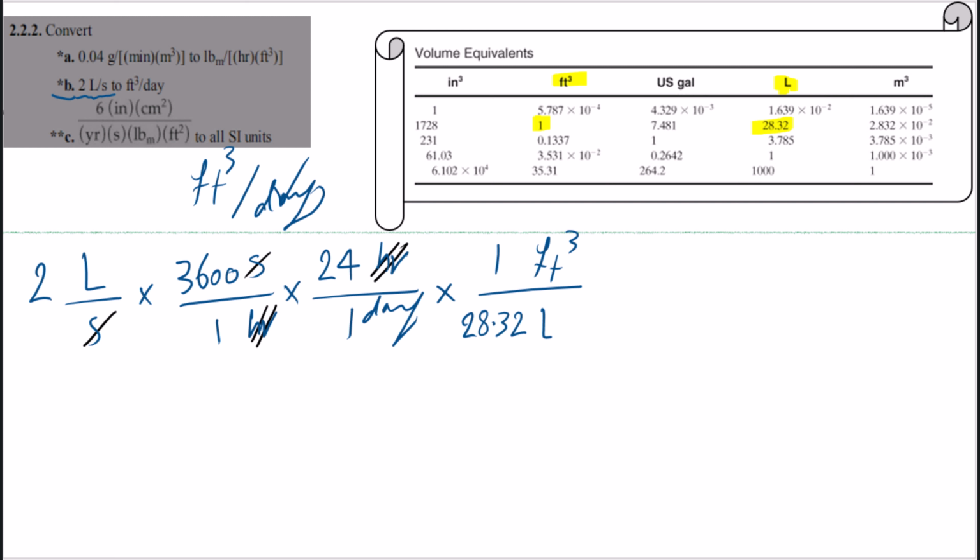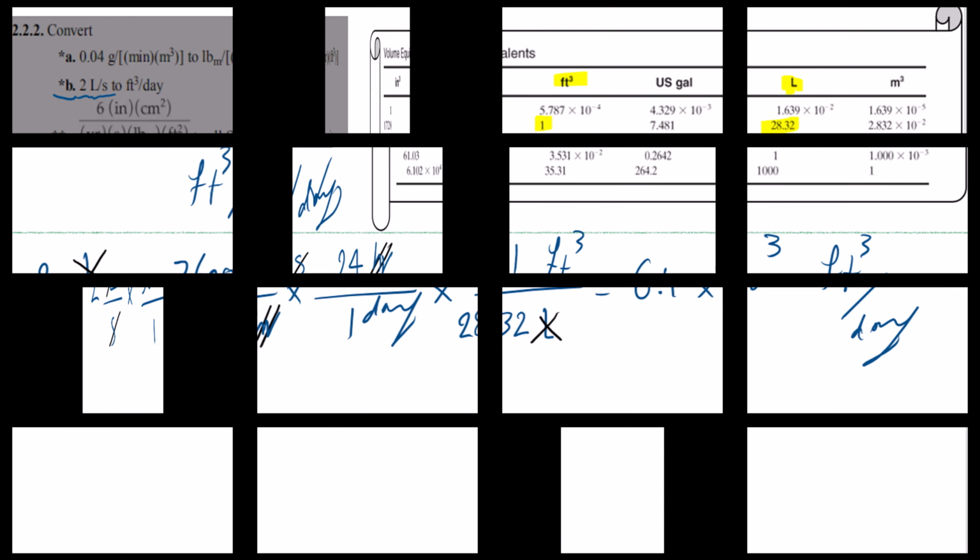In this case, liter will also be removed. And the thing that remains for us is cubic foot per day. And the number is 6.1 multiply 10 power 3. Let's go to the next question.